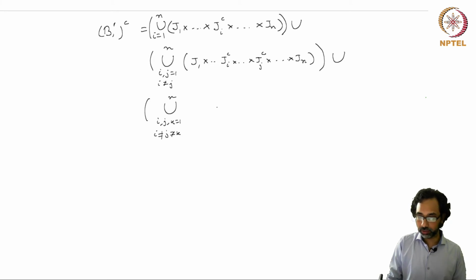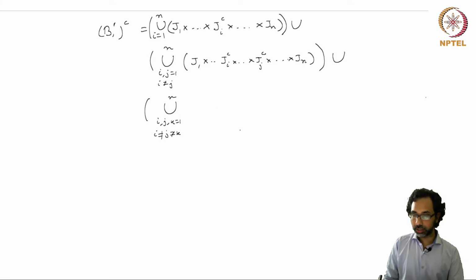k. So this formula is a bit tedious and might look scary, but the idea is very simple, and it just uses the elementary operations of unions and complements and cross products, or Cartesian products.